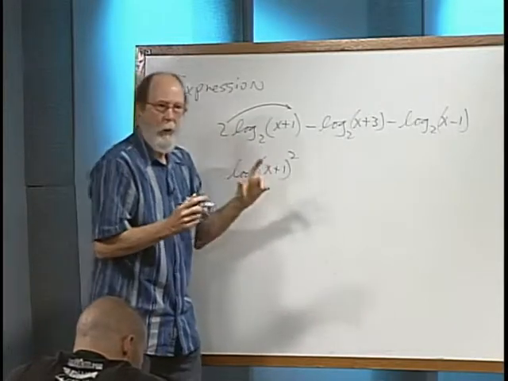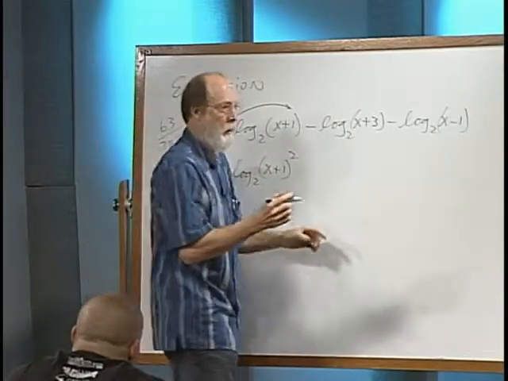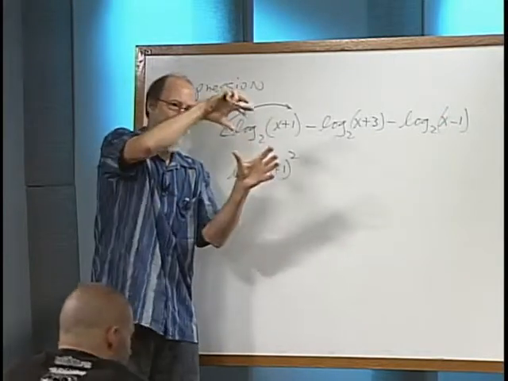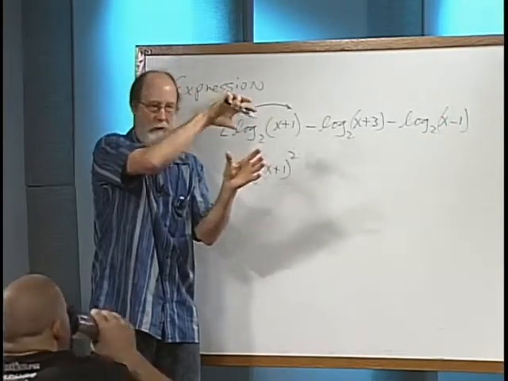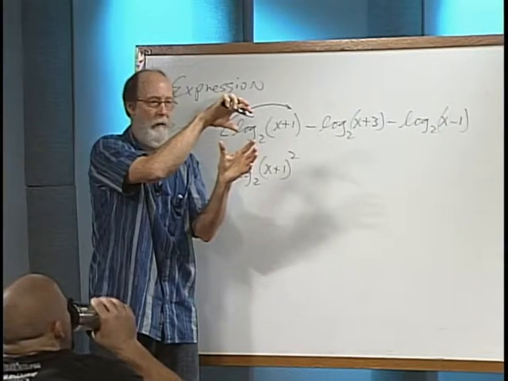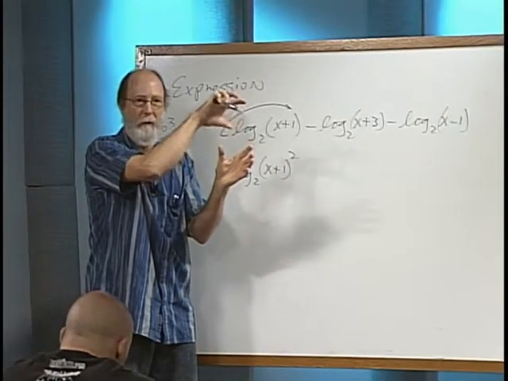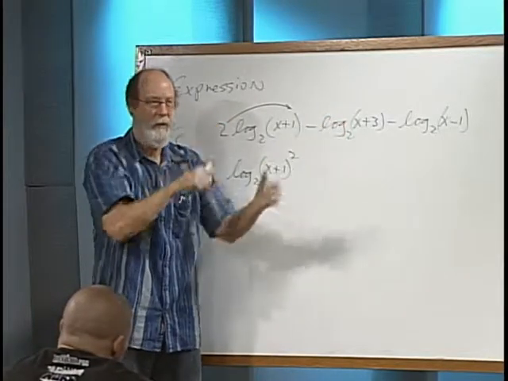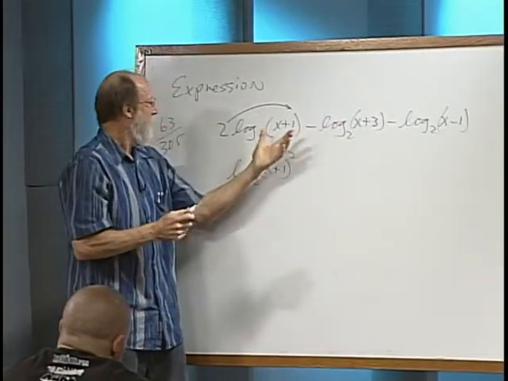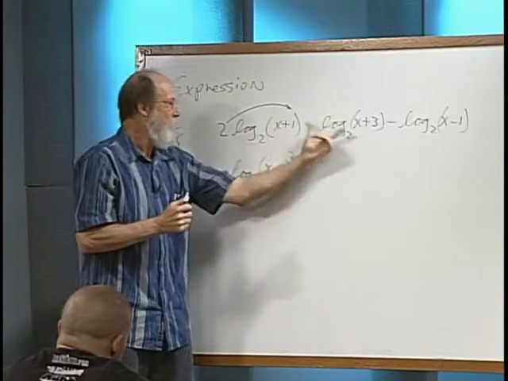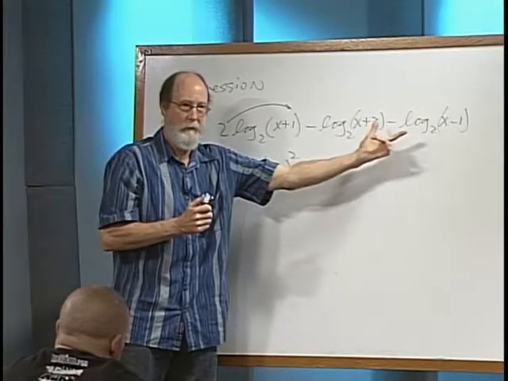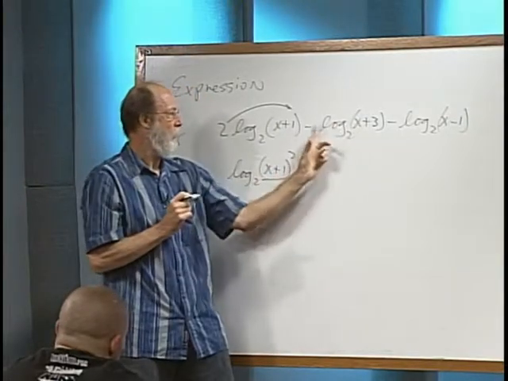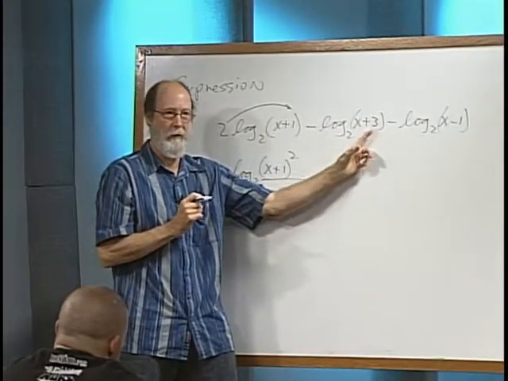There was a quotient rule that said if you have a logarithm of a fraction, a numerator and a denominator, then that's going to split into the logarithm of the numerator minus the logarithm of the denominator. So in reverse, if you see something minus these logarithms, what's going to happen to these two logarithms?